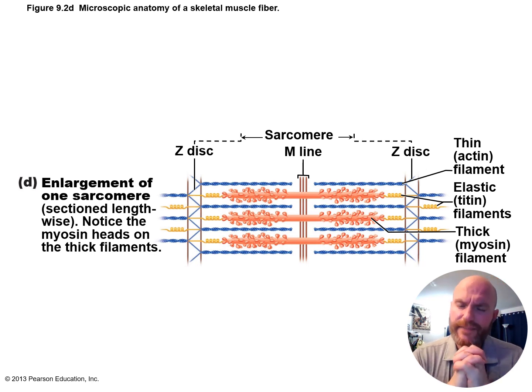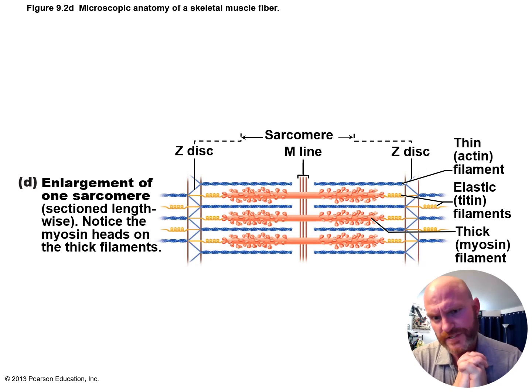You can see that the thin filaments, the actin filaments, are represented by the color blue, and the thick myosin filaments are the ones in that orangish red color. One of the terms that we haven't defined are the elastic filaments, which are made up of the protein titin, and those are represented in yellow.